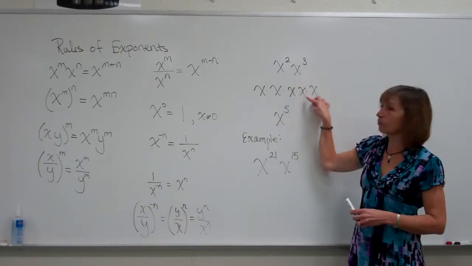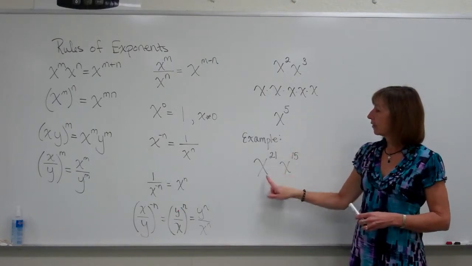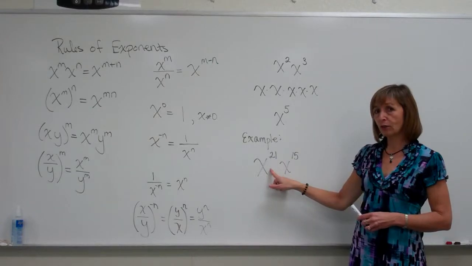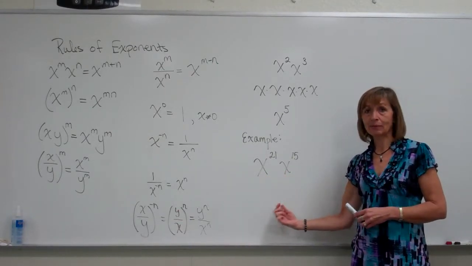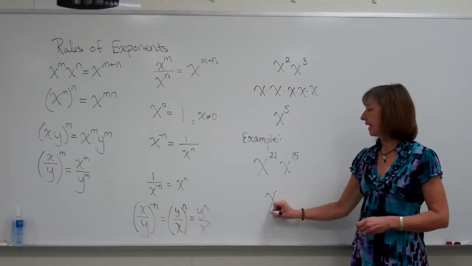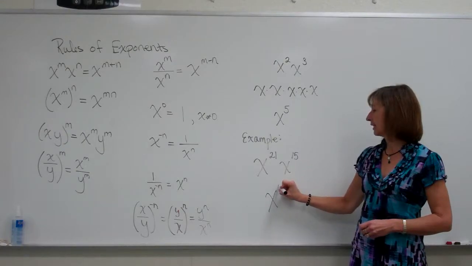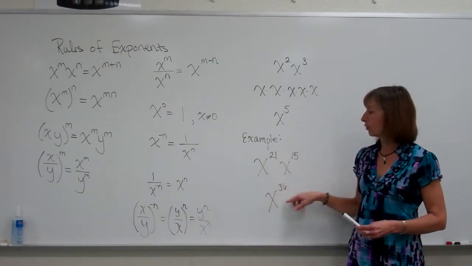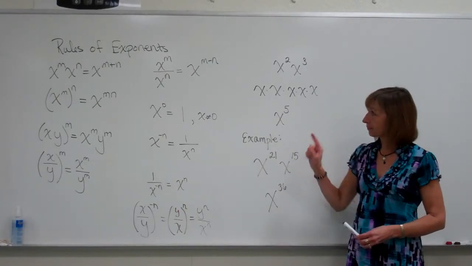Since I noticed with the smaller example that when I have exponential expressions that are involved in a multiplication and they have the same base, my answer is keep the base, x, and add the exponents. 21 plus 15 is 36. And I get there in a much quicker way without as much writing. So that's our first rule.